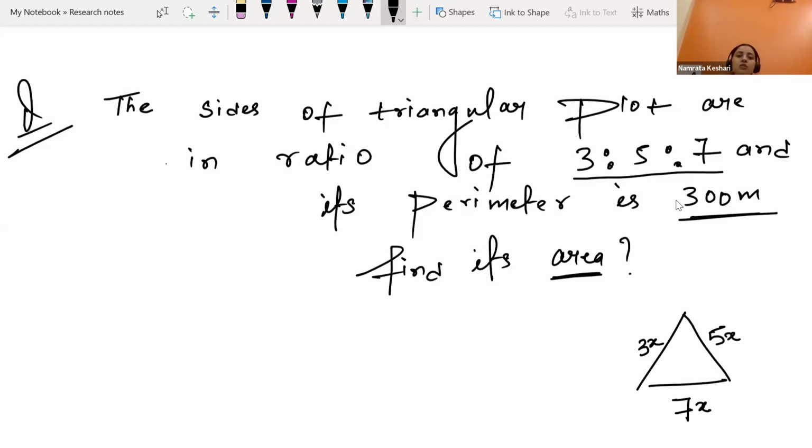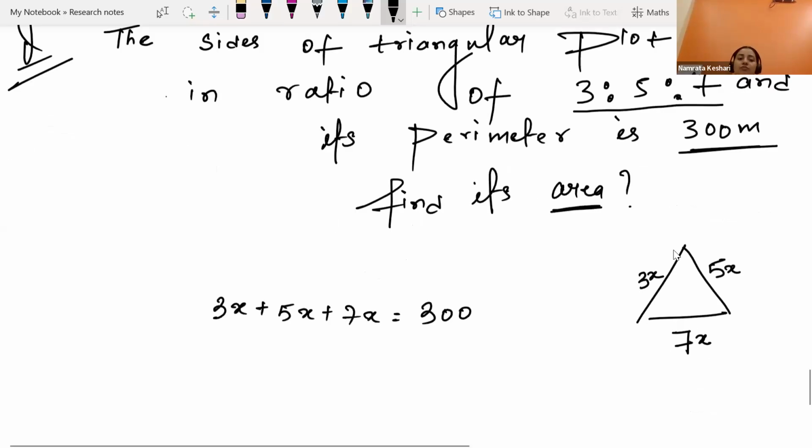So the sides of a triangular plot are in this ratio, and its perimeter is 300 meter. If you understand what exactly is the meaning of perimeter, then you can say that the summation 3x plus 5x plus 7x is given as 300 meter. From here, 3 plus 5 is 8, 8 plus 7 is 15, so 15x is equal to 300.